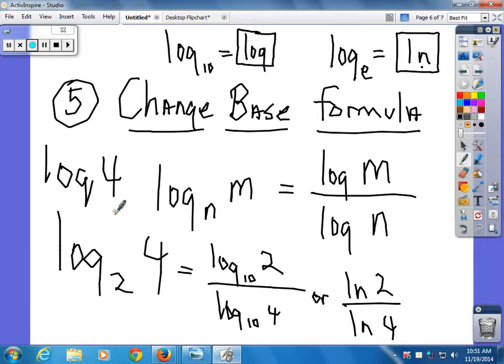On the TIs, don't you type log and it gives you a parenthesis, and then you type in 4, close parenthesis, and then enter. But what does yours do? You probably have to hit 8, then log. Yes, sir. Most of your non-TIs, you put 8, and then you hit log. Or natural log. But you'll get the same answer.